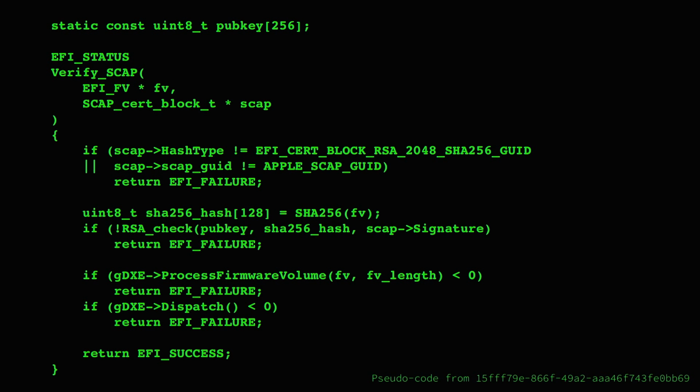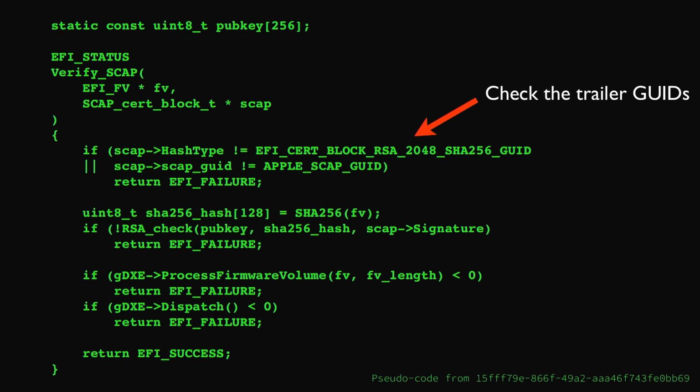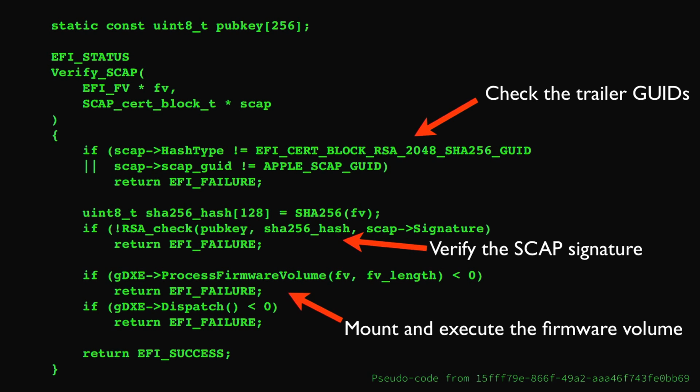Let's translate that to some pseudocode. We see it does the GUID check. It does the RSA check on the SHA-256. It then calls process firmware volume and dispatch. That then jumps into the flasher that's in the SCAP file.